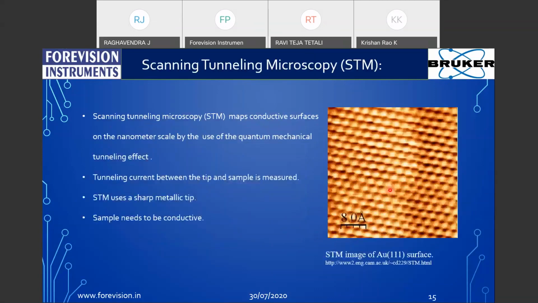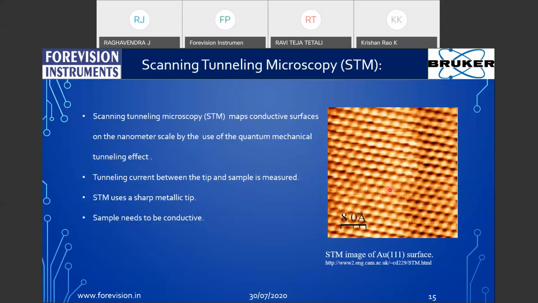So then I move to the electrical properties. In the earlier days, STM was widely used for electrical measurements. The STM uses a metal tip and a conductive sample, and both the tip and the sample are under bias. There is a small gap so that electrons can be tunneled between the tip and the sample, and this tunneling current is measured and imaged to get beautiful high resolution images of the sample.